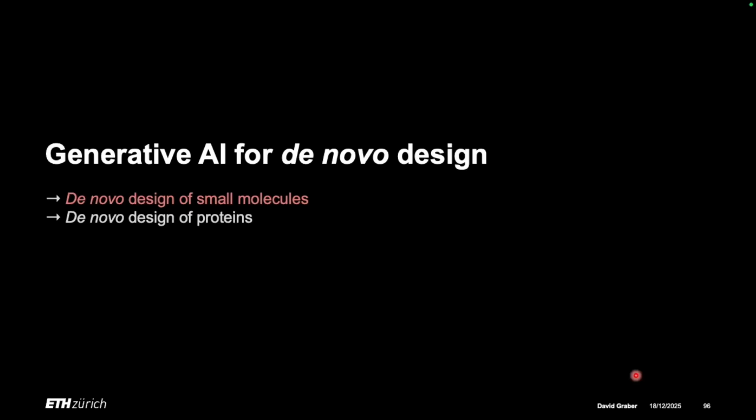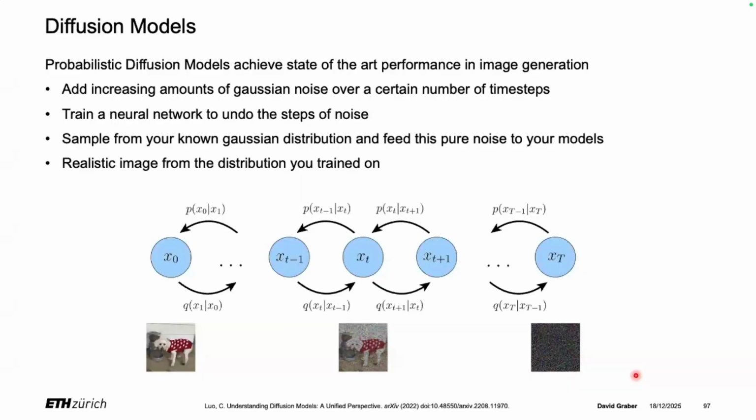Okay, so then I will now transition to the de novo design of small molecules. And for this, I would like to refresh the diffusion model principles that you've probably seen in the previous lectures. These probabilistic diffusion models achieve state-of-the-art performance in image generation.